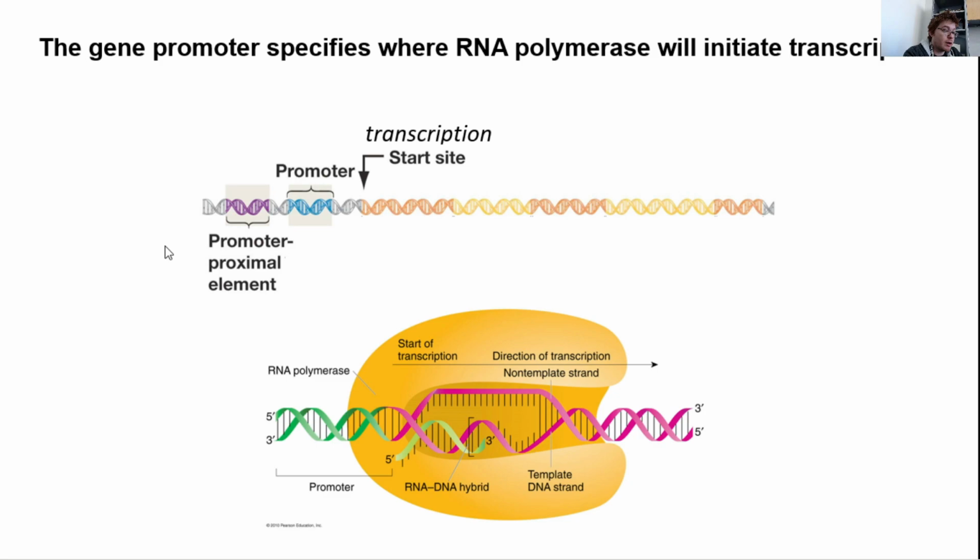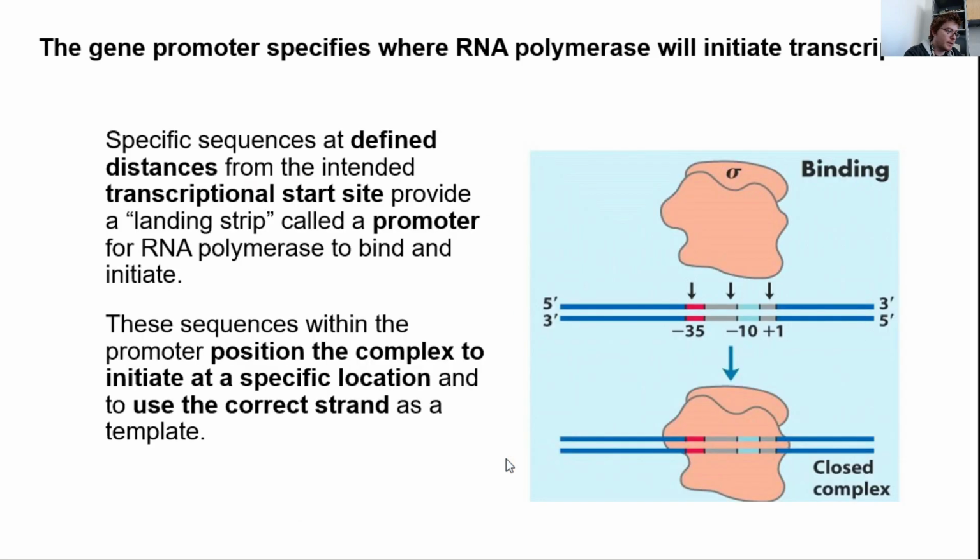And more generally, there can often be other types of DNA sequences that are near the promoter that can also affect whether or not genes are transcribed. But the core unit that specifies whether or not an RNA polymerase can transcribe is going to be this promoter itself. Okay, and at this promoter, that is going to be the site here at which we end up forming our transcription bubble here and transcribing our RNA DNA hybrid.